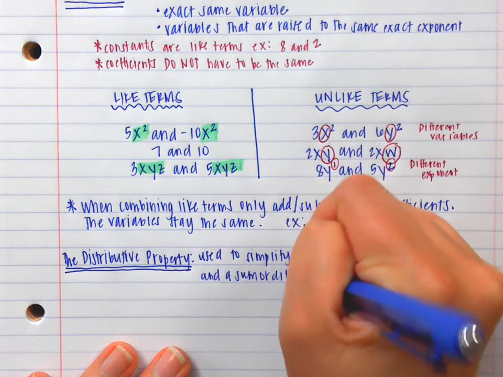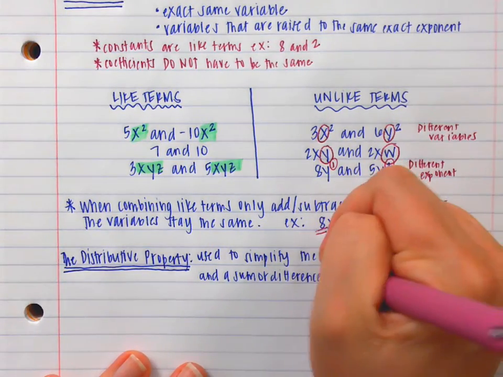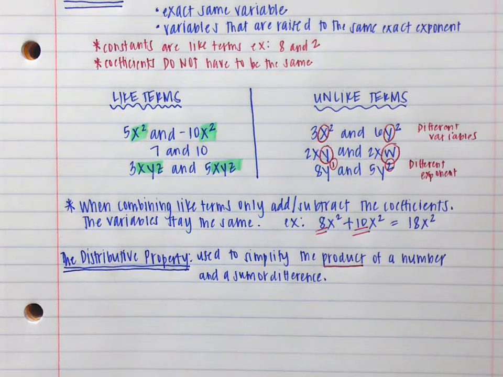Okay, so what does that all mean? So first, product. Remember, I already said this, but product just means multiplication. It's just a mathematical way of saying we're multiplying two things together.